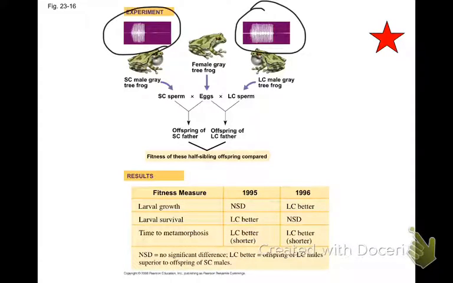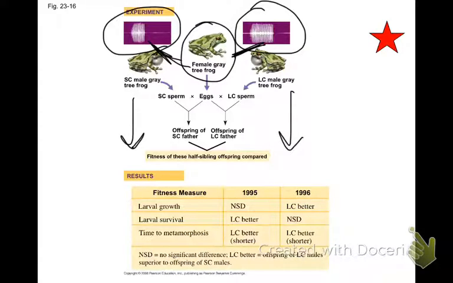And then they forced this lady frog to mate with this guy and this guy, and then they looked at the way the offspring hatched and their pattern. What they noticed was the ones mated with the guy with the larger croak had better larval growth, larval survival, and a shorter time to metamorphosis. So that was one way for the female to choose.